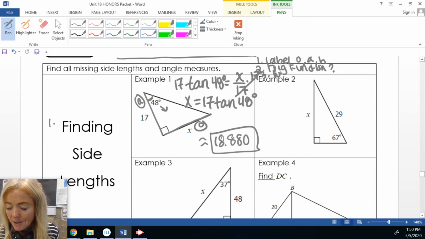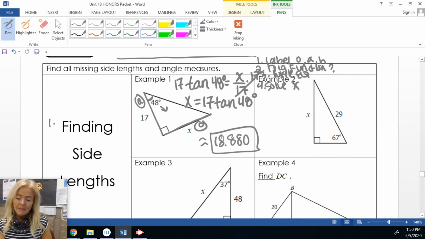Three is write your equation, and then four is solve for x. Okay, and that's all you're going to do.